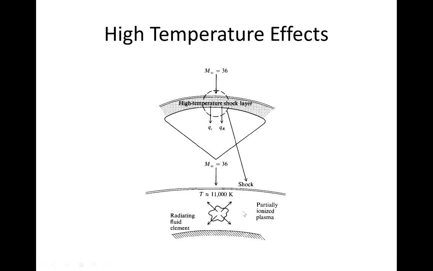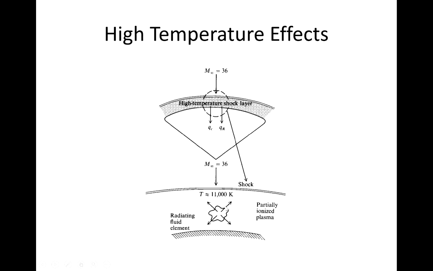But you may also get a dissociation of the molecules into atoms. And the atoms may have outer layers of electrons stripped off. The atoms may become ionized plasma. So this region may be a plasma, a soup of positively charged ions and negative electrons floating about.